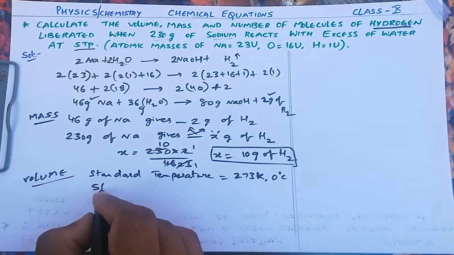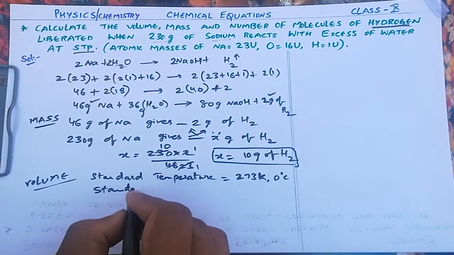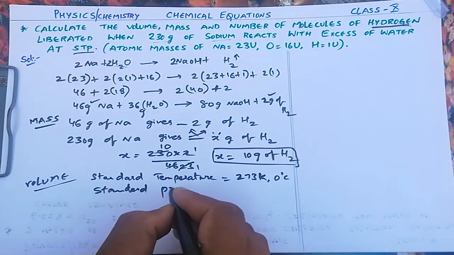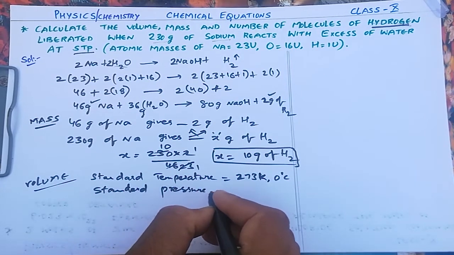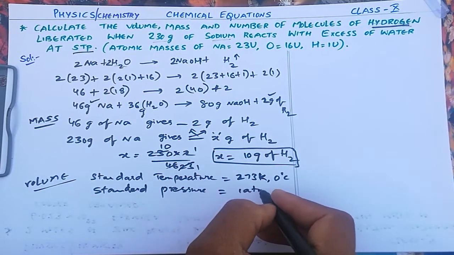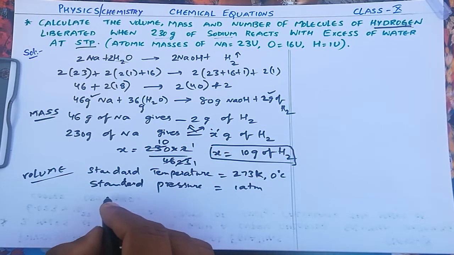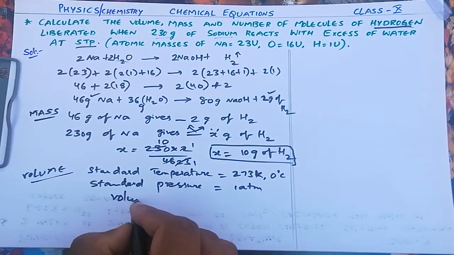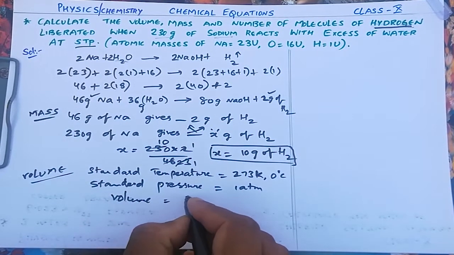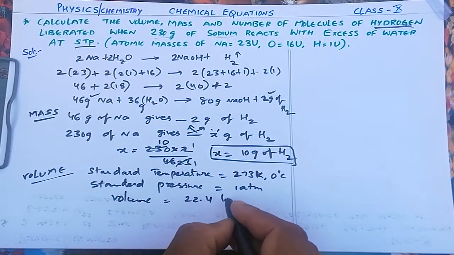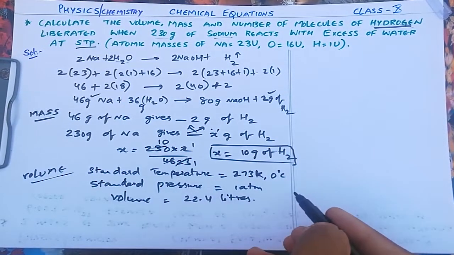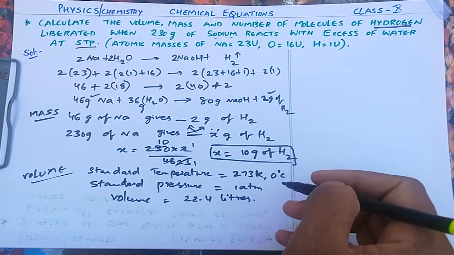Now the standard pressure is nothing but 1 atmosphere pressure. So at these values, the volume will be 22.4 liters. 22.4 liters volume.